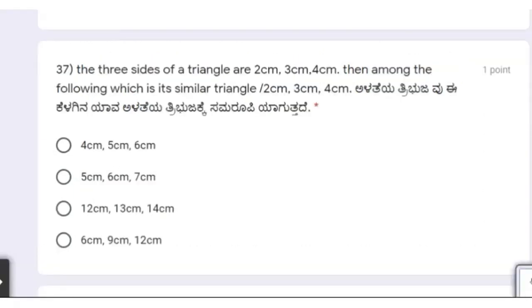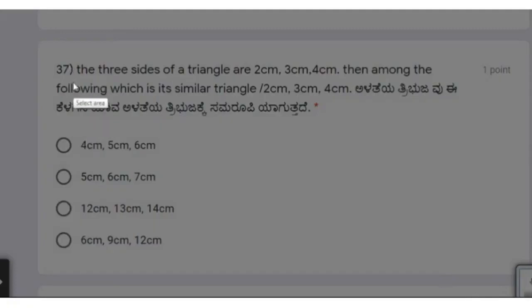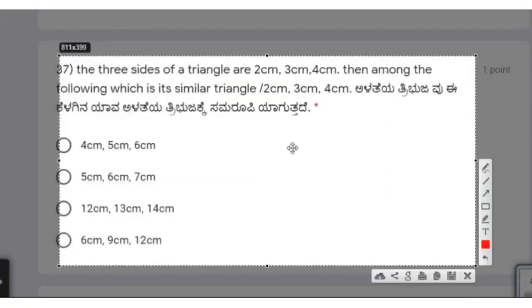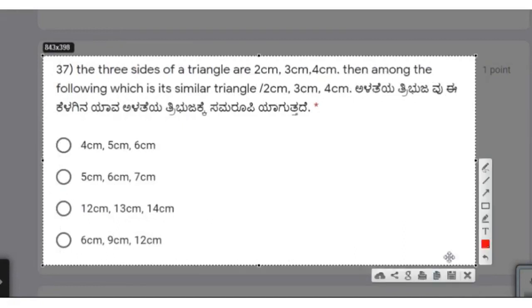37th question: the three sides of a triangle are 2 centimeters, 3 centimeters and 4 centimeters. Among the following, which is similar to these sides? The correct option for this question is 6, 9 and 12. The reason is simple: for similar triangles, two conditions must be satisfied.